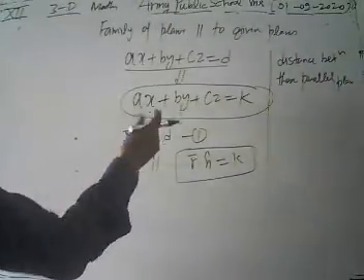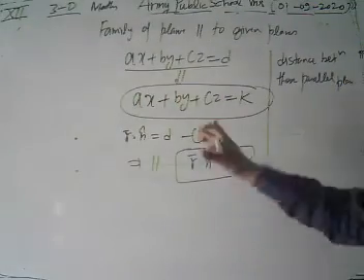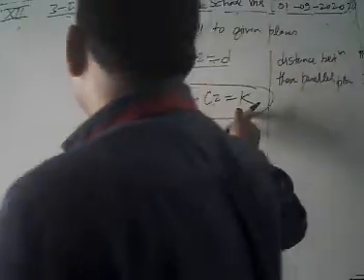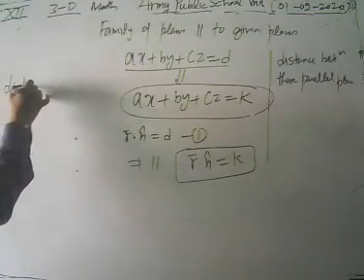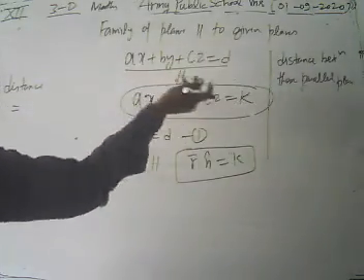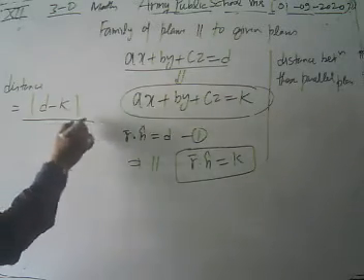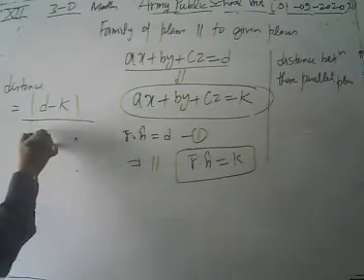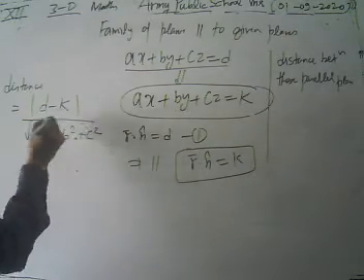Obviously, these are parallel, so we take the difference of their distances from the origin, and the distance is given by the absolute value of d minus k divided by the magnitude, the square root of a square plus b square plus c square.